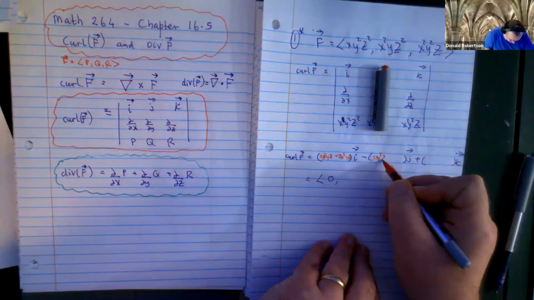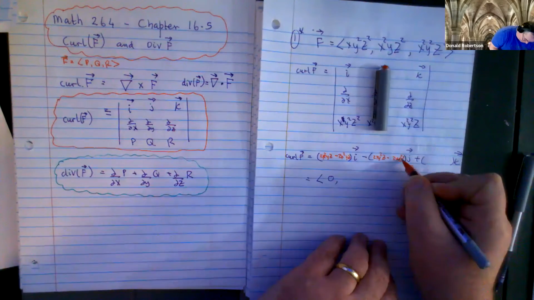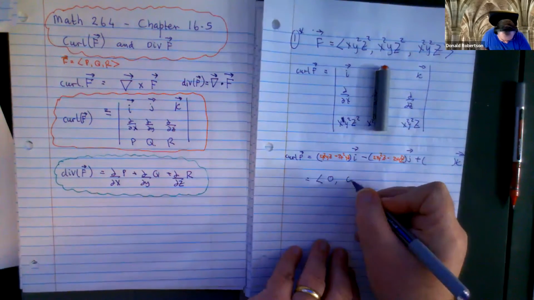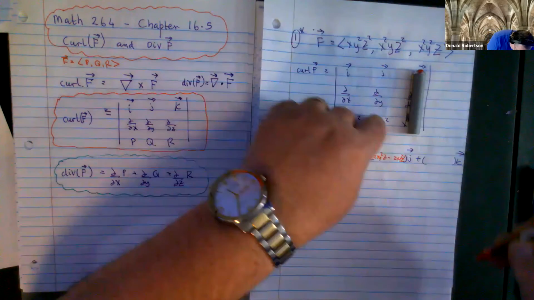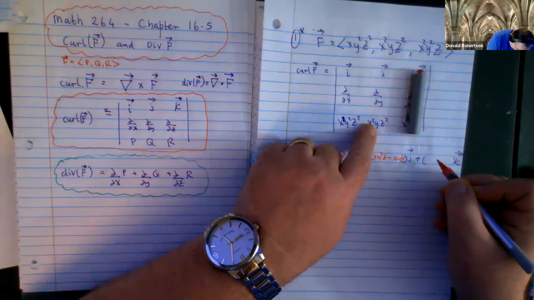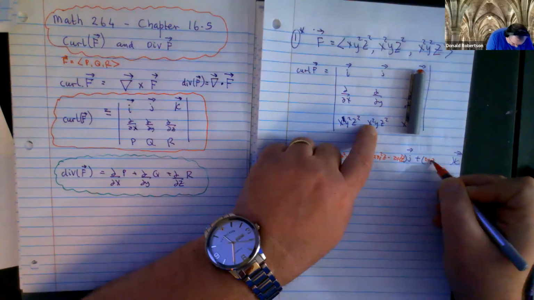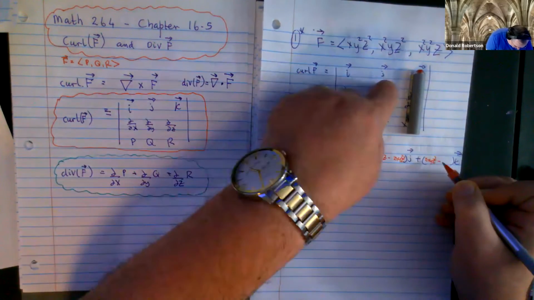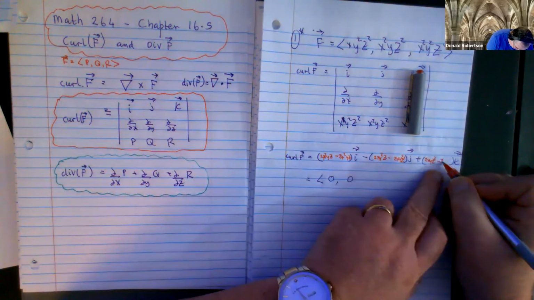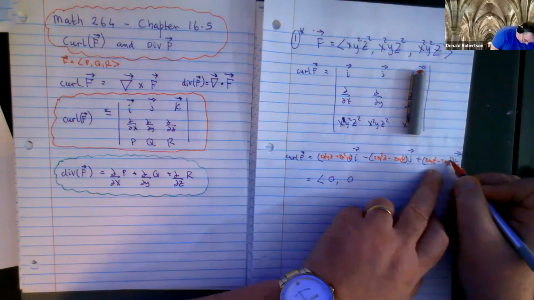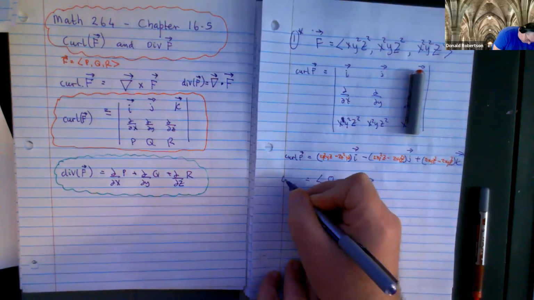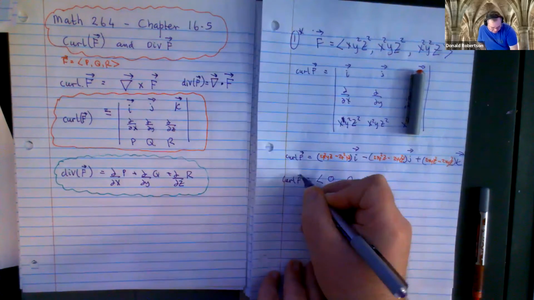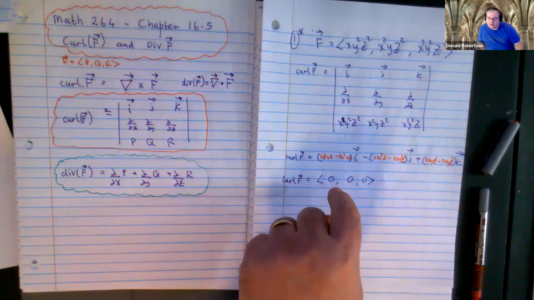Take away 2xy squared z, which is 0. Last one. If you go this way, with respect to x, you get 2xyz squared. Take away, if you do this with respect to y, you get 2xyz squared, which is also 0. And our prediction was correct. Isn't the curl of this vector field 0, 0, 0?